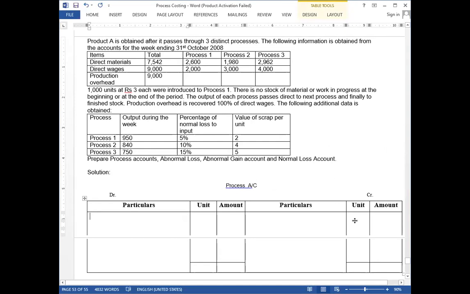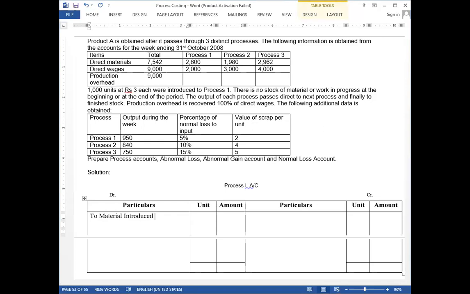Usually, you know very well that on the debit side we have to start with the units introduced. In this problem, it is given: 1,000 units at the rate of 3 each were introduced to process one. That means this is the process one account. So I'm writing process one account, and here you write "to material introduced".